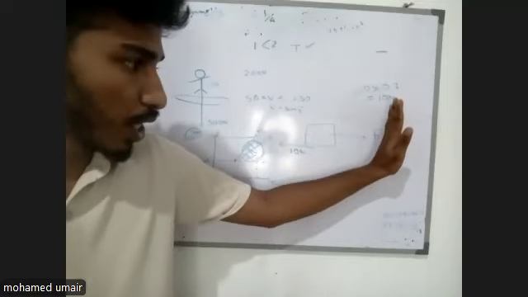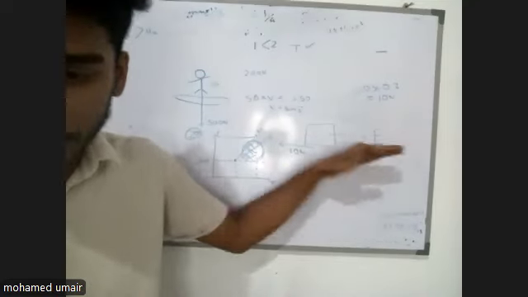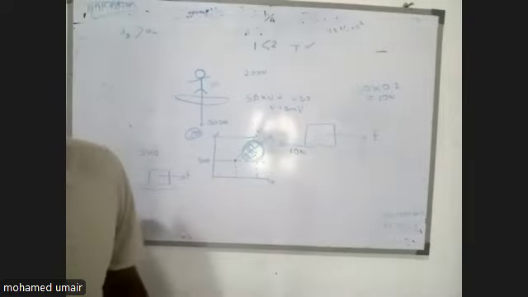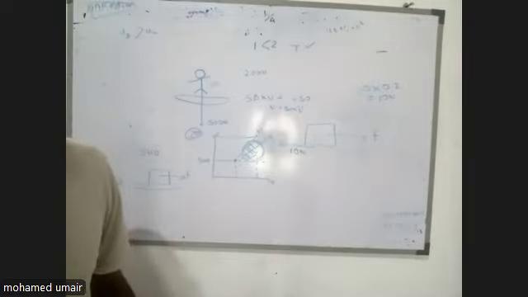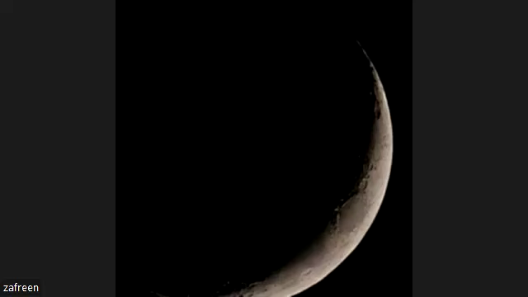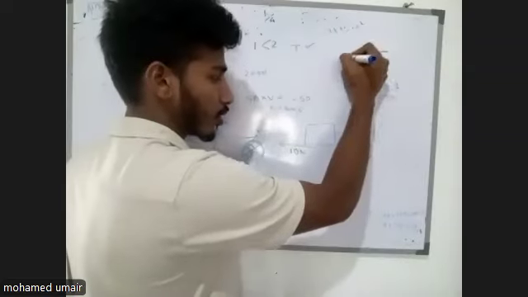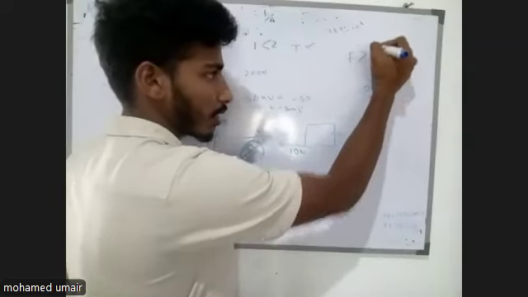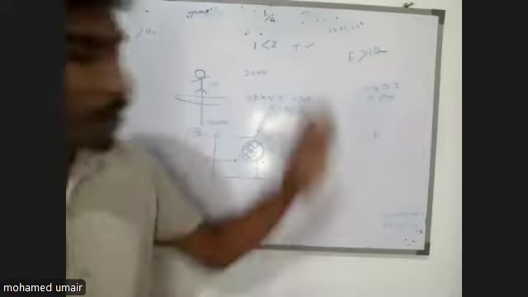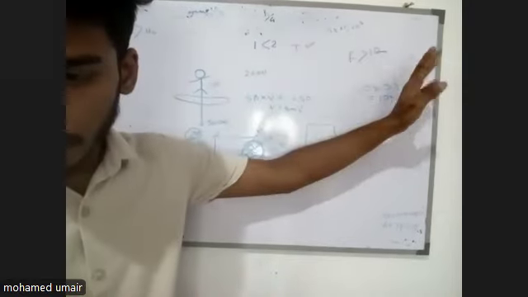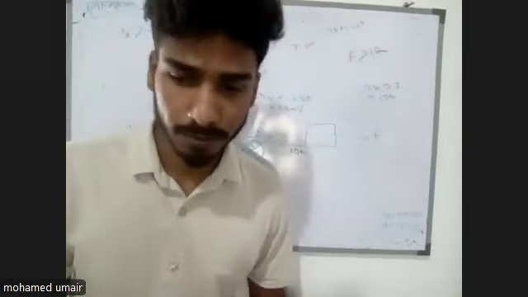If I provide a force equal to 10, it will be at the verge of moving. So I should be providing a force greater than 10. So F has to be greater than 10. Only when the force is greater than 10, the object will be moving.